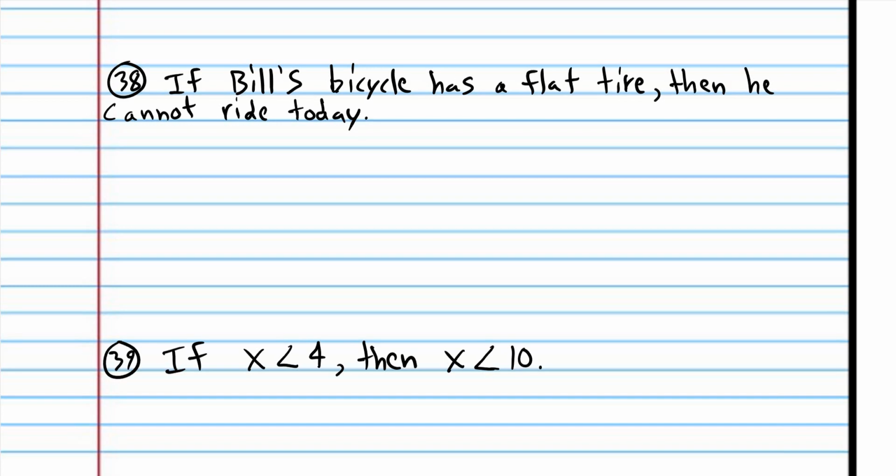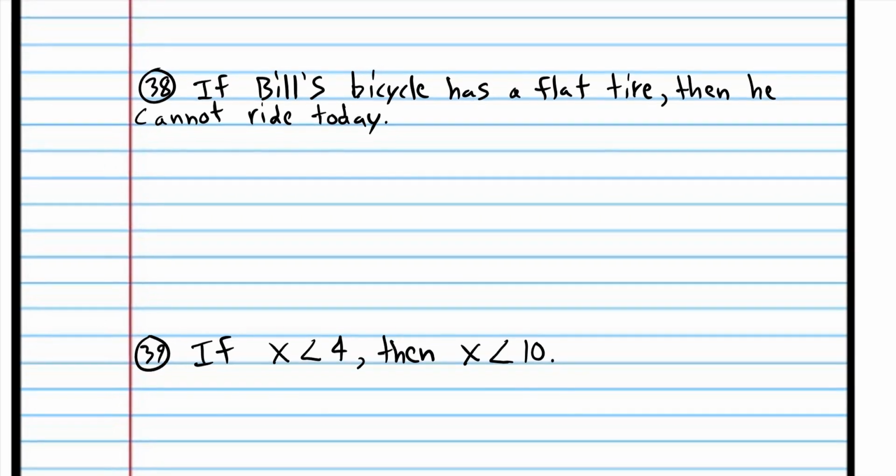All right, we're back. If Bill's bicycle has a flat tire, then he cannot ride today. So let's look at that. It's true. Obviously, if he has a flat tire, he can't ride, and it's assuming that he can't fix it, of course. But is the converse true?